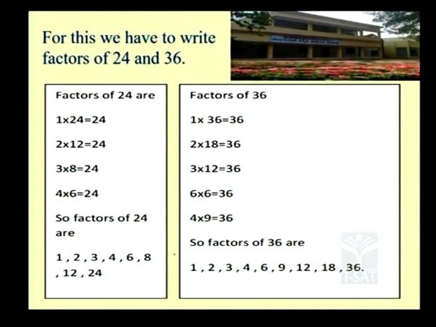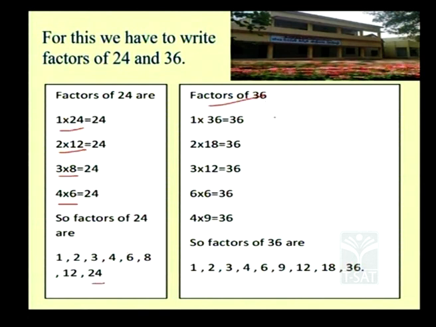Let us see. For this we have to write the factors of 24 and 36. For finding the factors of 24, we write 24 as a product of other numbers. So, 1 into 24, 2 into 12 is 24, 3 into 8 is 24 and 4 into 6 is 24. So, the factors of 24 are 1, 2, 3, 4, 6, 8, 12 and 24 itself.